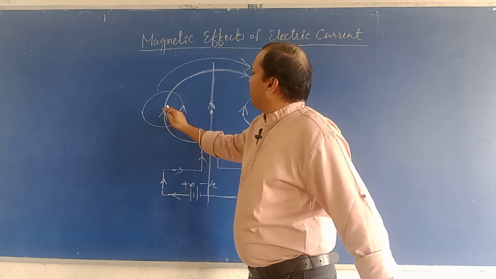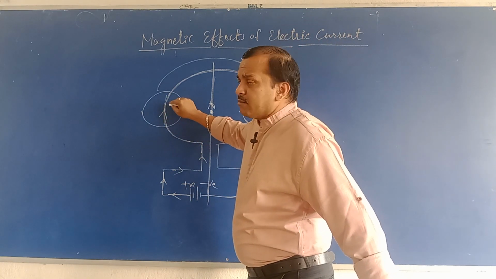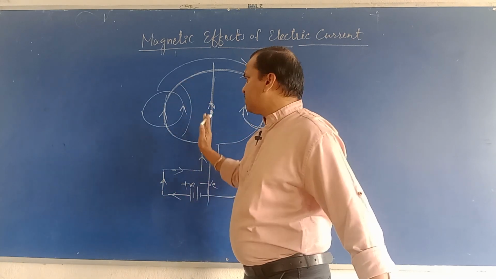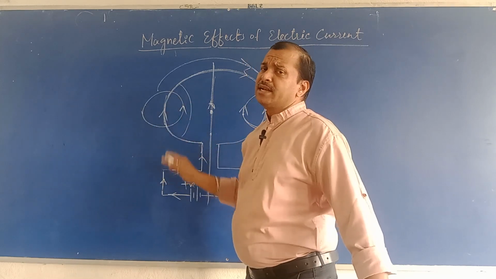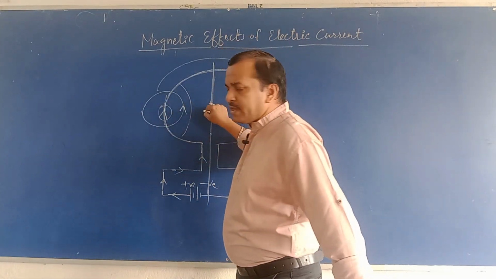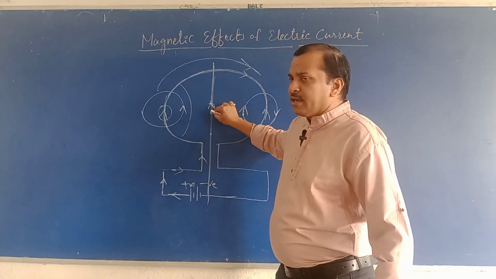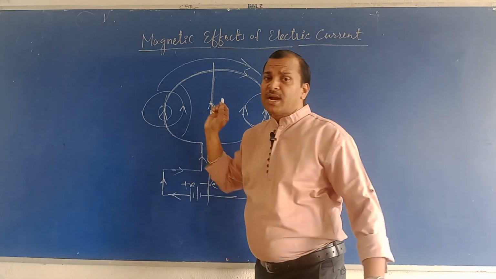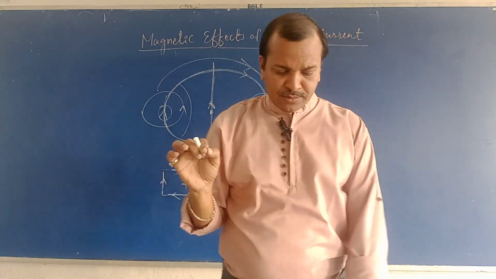While going away from the conductor, magnetism will be lesser. When going towards the conductor, the magnetic field is higher. So when it comes to the center, the fields intersect and it will be 0 at the center.